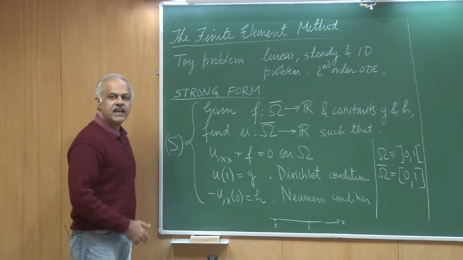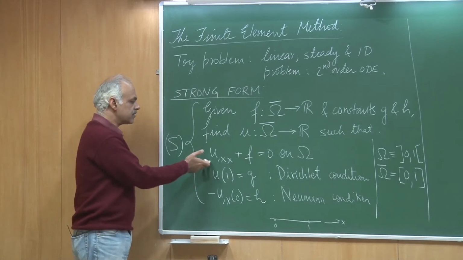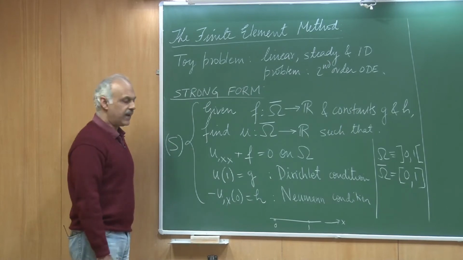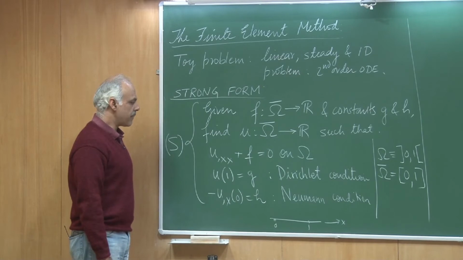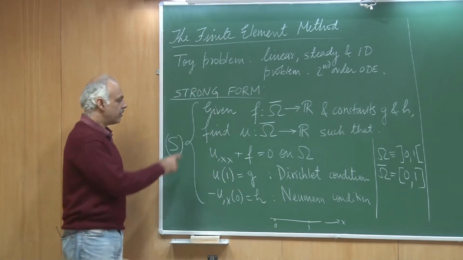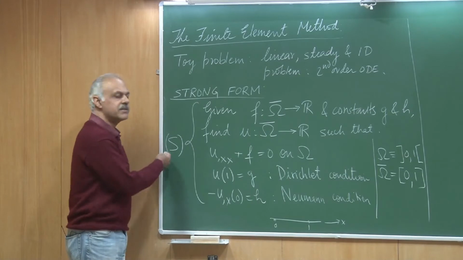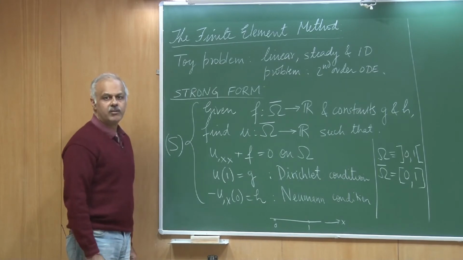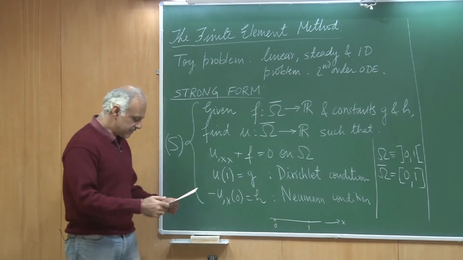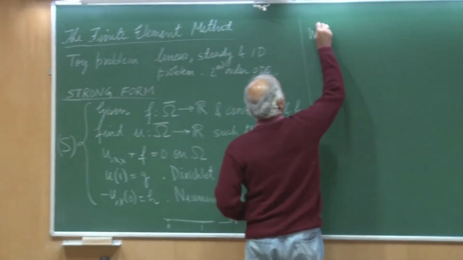If we used a method like the finite difference method, then it would begin from this form of the problem and approximate it. On the other hand, for the finite element method, we will not start from this form of the equation, we will start from something which is called the weak form of the problem. So, that is the next thing I would like to propose, the weak form of the problem.